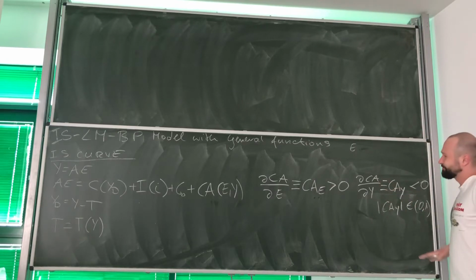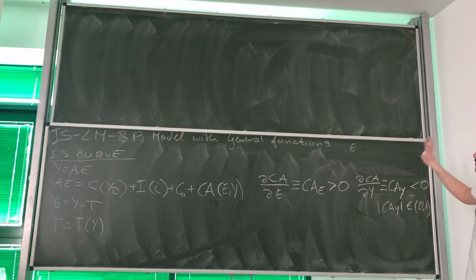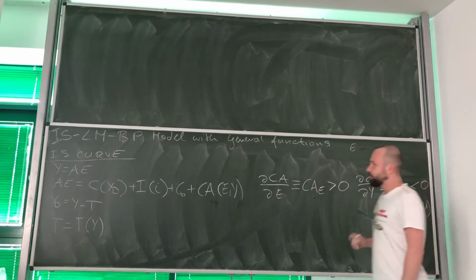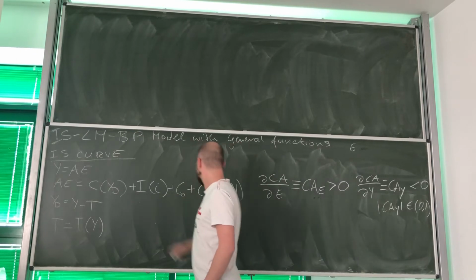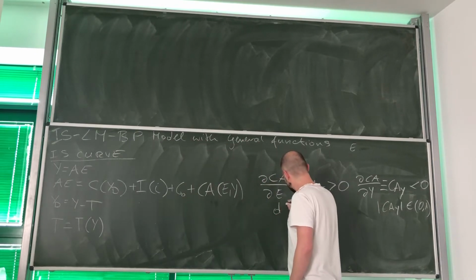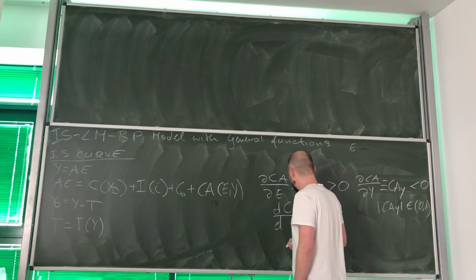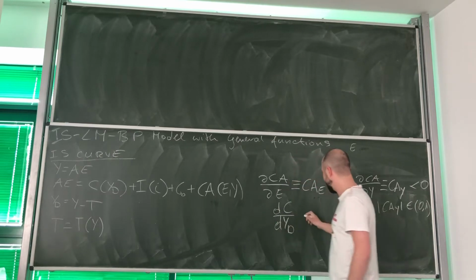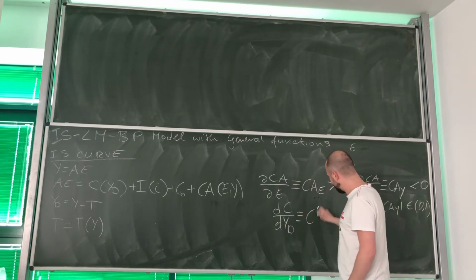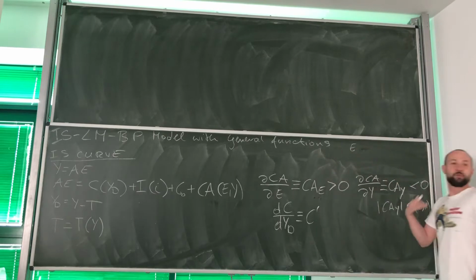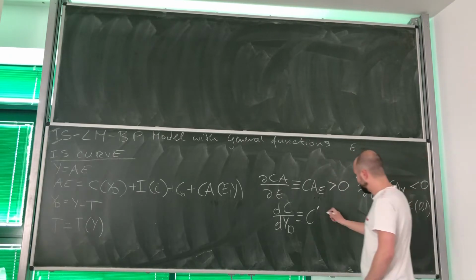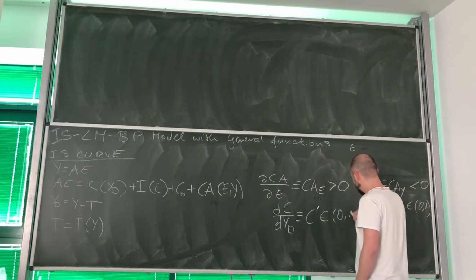Carrying on, this is truly the only new thing we've got here in comparison with the IS-LM model. We of course remember that the derivative of consumption with respect to disposable income, which we are denoting C prime, is our marginal propensity to consume, and it's somewhere between 0 and 1.